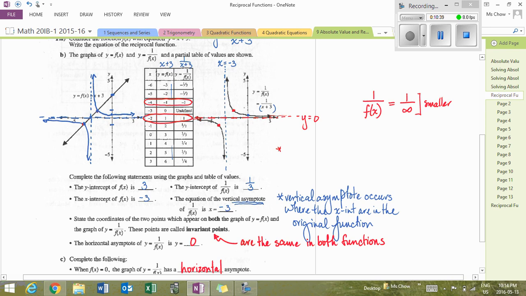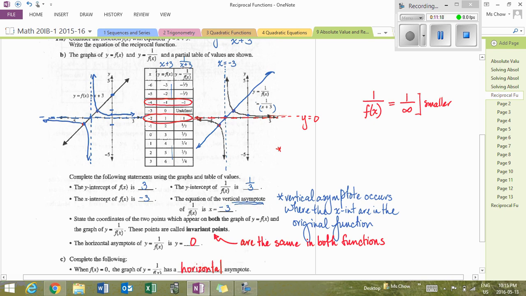Similarly, if I'm given the reciprocal function, what do I know? Well, where my vertical asymptote is, that is my x-intercept. I know where my invariant points are, and I also know this point right here is my y-intercept, which we can approximate. I can already see these 3 dots, and that tells me it's got to pass through those points, and so there's my original function.